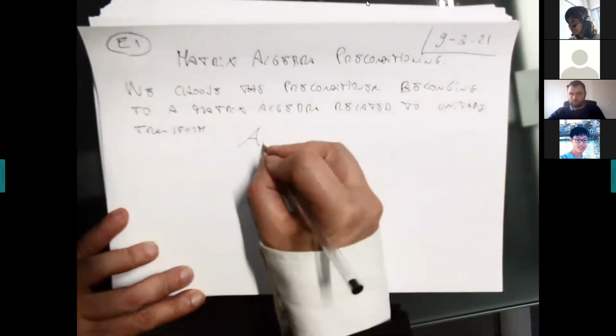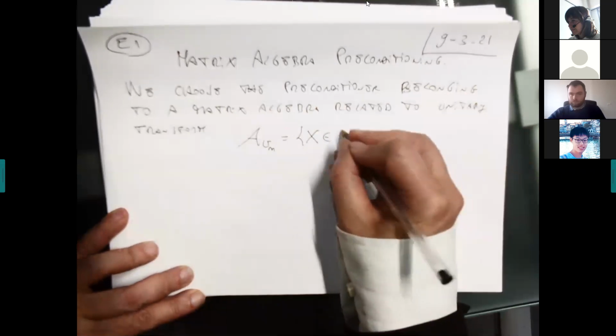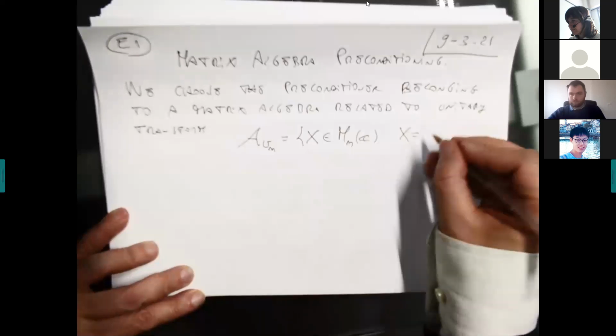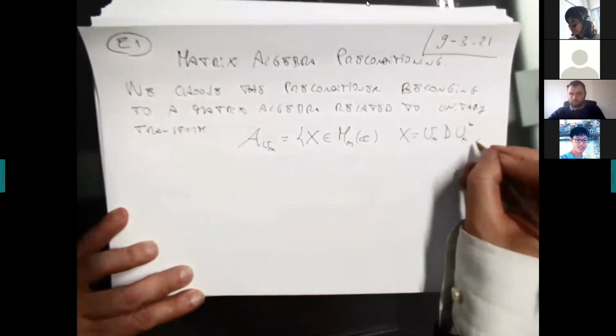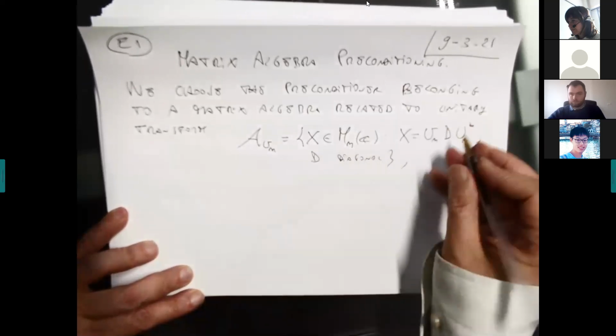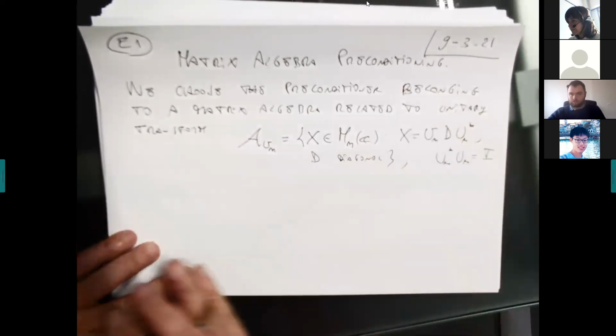So the algebra will be A_UN, the set of all matrices in M_N(C) such that X is equal to UN D UN star, with D diagonal, and UN star UN equal to the identity.